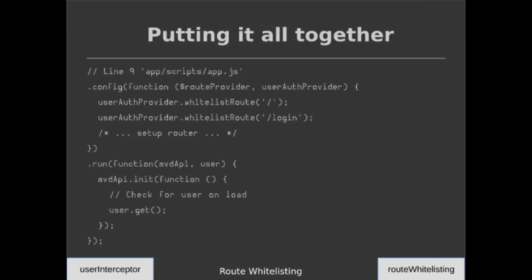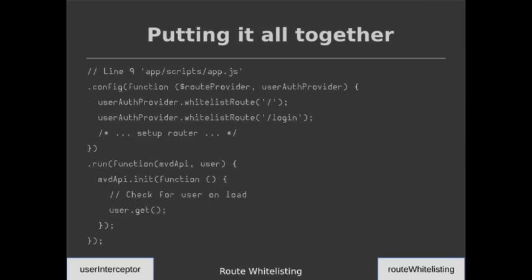This isn't a webcast on providers, so I'm not going to dive into them too much, but I do encourage you to look at the code that goes into this user auth provider to get a better understanding of how those glue together. But the advantage of using a provider is it lets us access some of these methods inside the configuration block. So at the same time that we're setting up our routes, we're also able to specify which of those routes should be whitelisted.